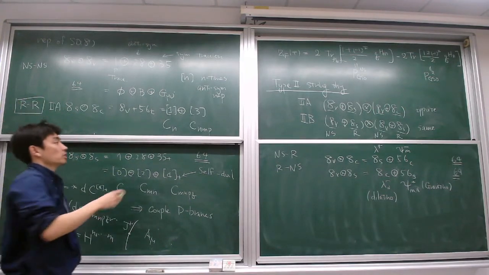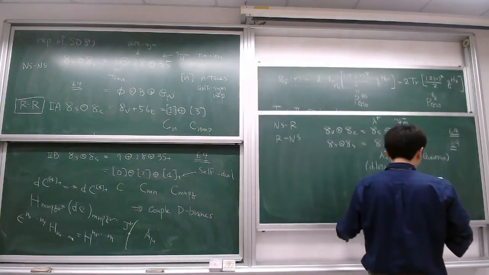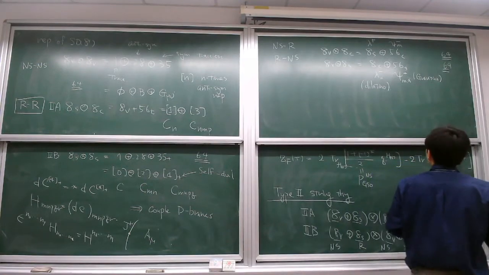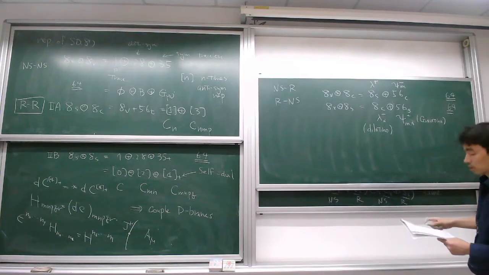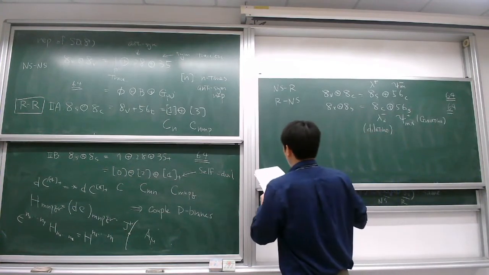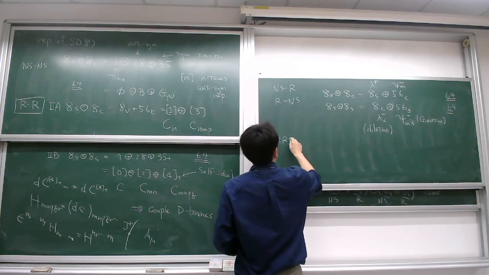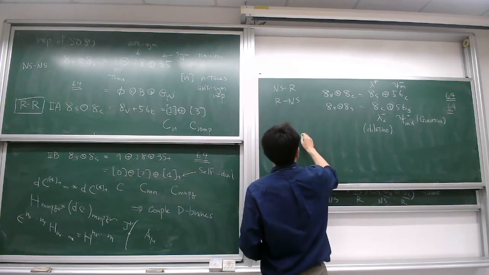And as I mentioned, these are coupled to the D-brane. So as I mentioned, this Ramond flux is just a flux.